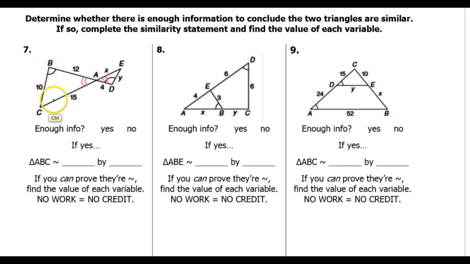And that is actually enough information to prove that these two triangles are similar because of the angle-angle similarity postulate. Okay, and then angle A is going to correspond with angle A. Angle B is going to correspond with angle D. And angle C is going to correspond with angle E.